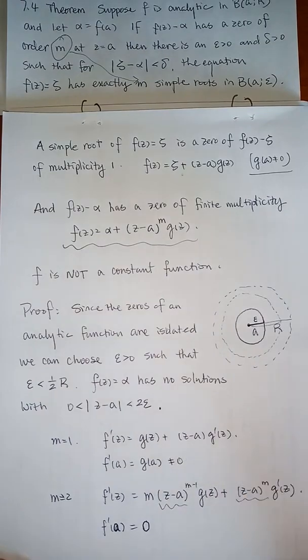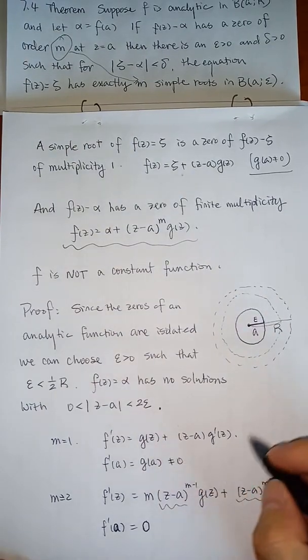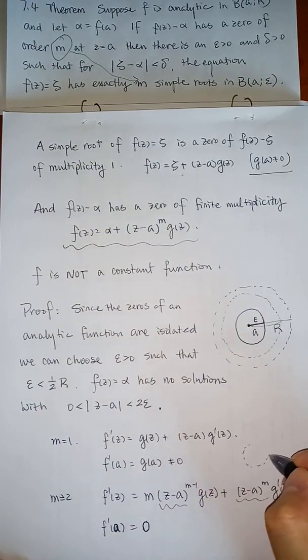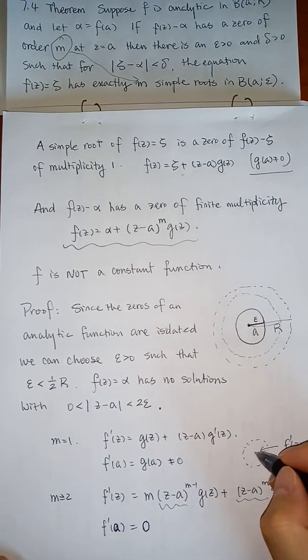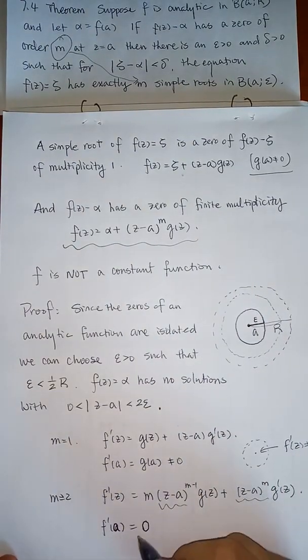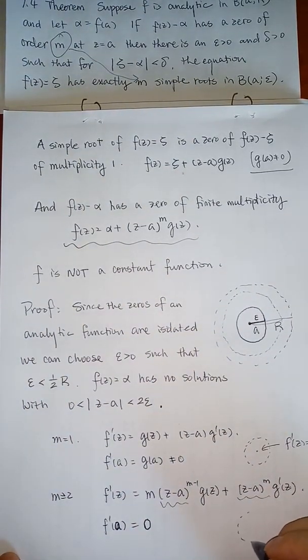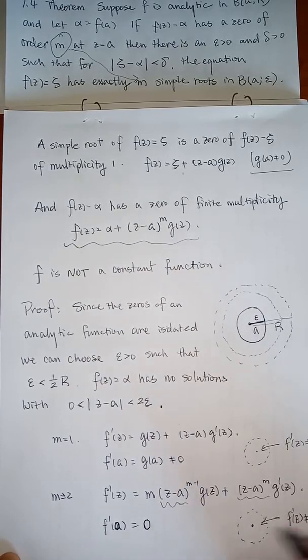If it is not 0, by continuity there is a neighborhood inside which f prime of z is not equal to 0, including a. If f prime of a is 0, by the isolation of the zeros, f prime of z is not equal to 0 in this disk but without a, since a is the unique zero.